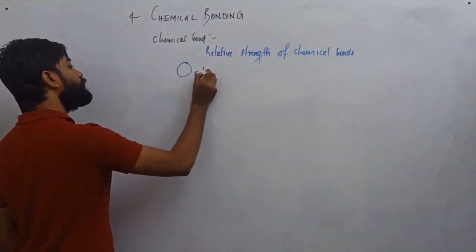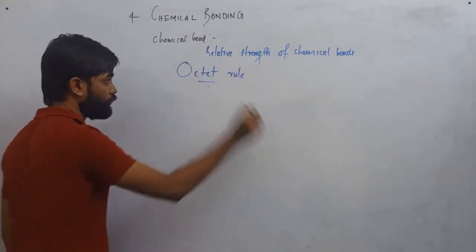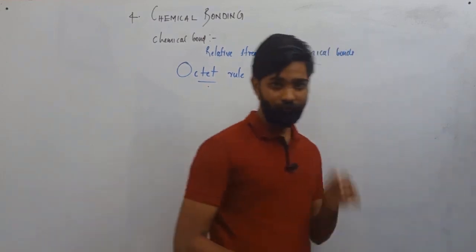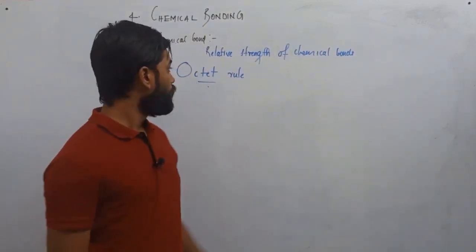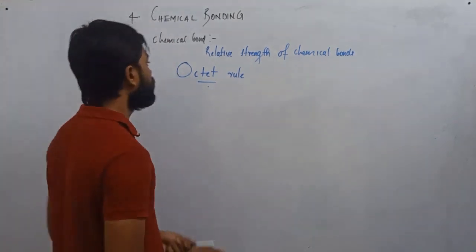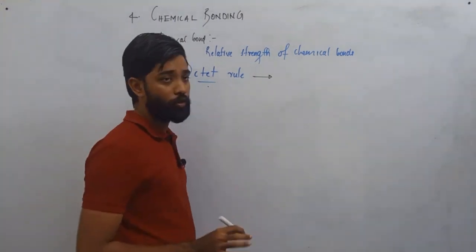Okay, so exactly the same idea was later defined as the concept of the octet rule. So write down octet rule. Ready. The credit for the octet rule is given to the very same scientists, Kossel and Lewis.